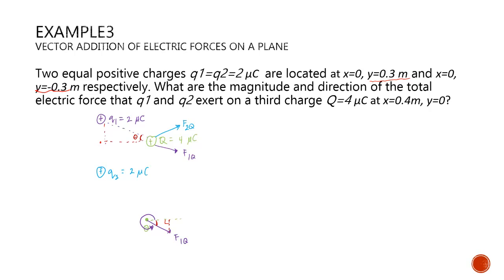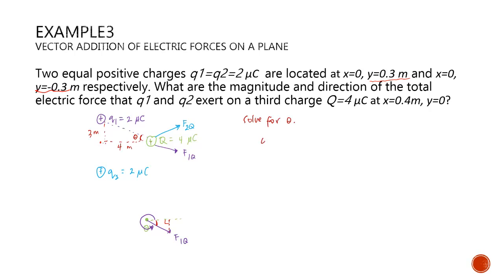So this is 0 to 3 meters. So this is 3 meters. And then this is 0 to 4 meters. Horizontally, the distance is 4 meters. So we can get that angle. Solve for angle theta.